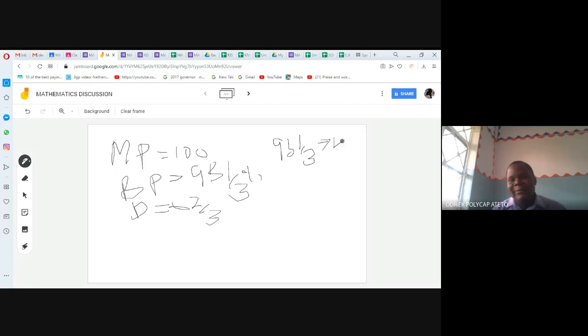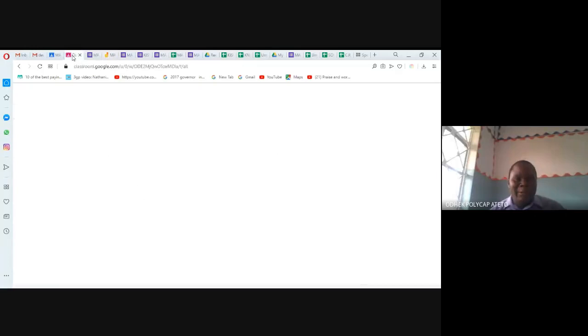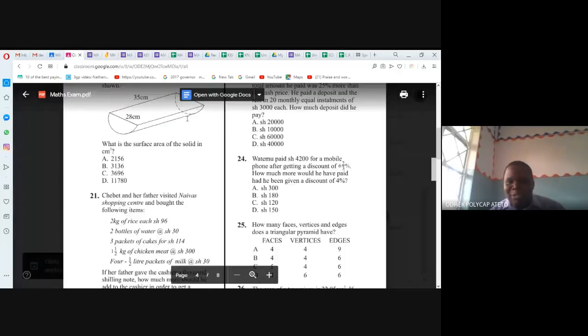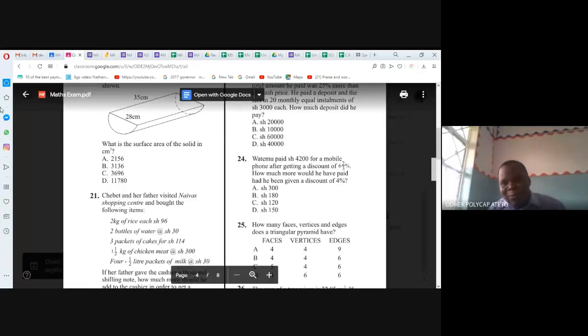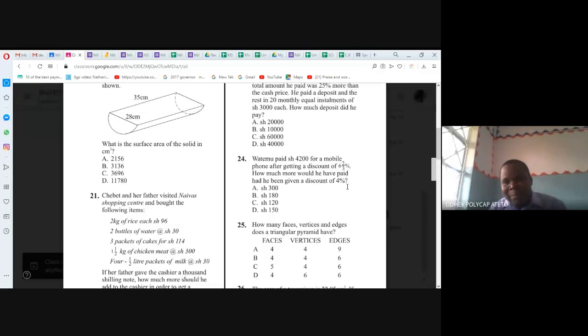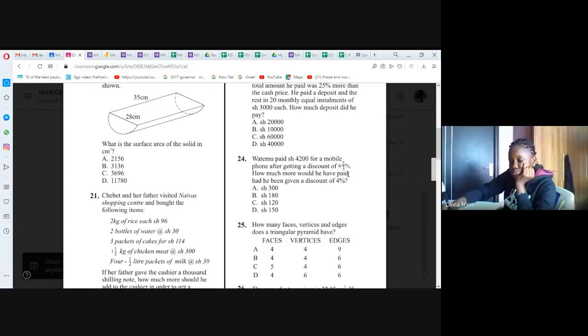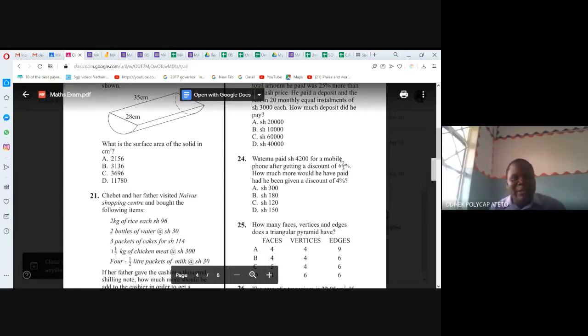Then we are being told this person was given how much more? If this person will be given 4%, which percentage will he pay? He will pay less. You subtract 4 from 6 and 2/3, which will be 2 and 2/3. True or false? That one is the one which is going to be more.